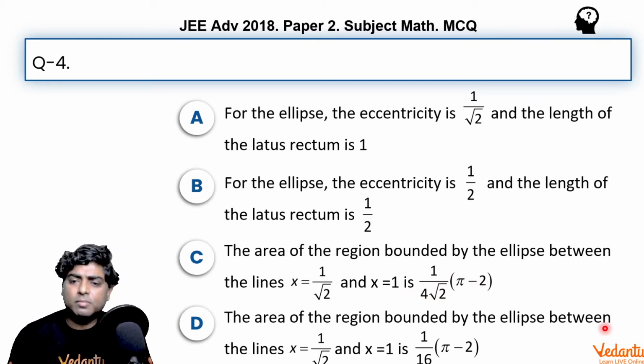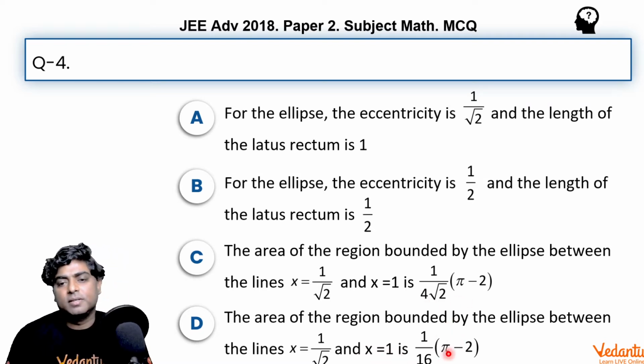The area of the region bounded by the ellipse is asked in option D also with different figures, different answer. So out of A and B, a maximum of one can be true, out of C and D a maximum of one can be true.